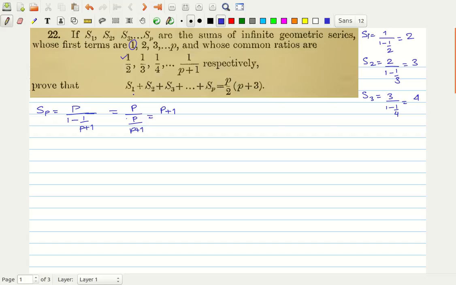So what is our S1 plus S2 plus S3 plus Sp? Let us call this sum T. So what is our T equal to? T is simply S1, which is 2, plus 3, plus 4, up to Sp, which is p plus 1.